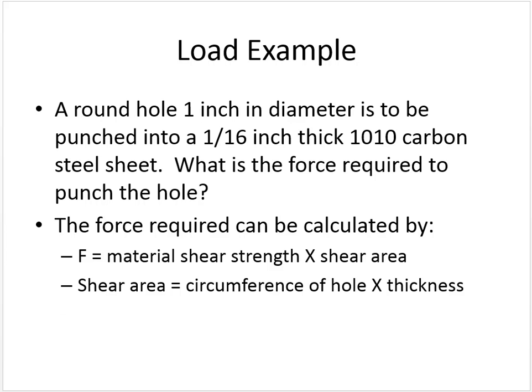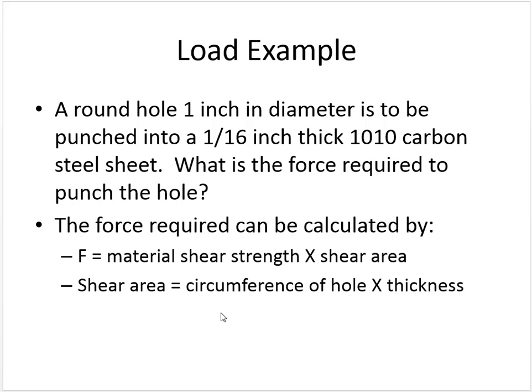So how much force does it take to stamp out a part? Typically, say a round hole 1 inch in diameter is punched into a 1/16 inch sheet of 1010 carbon steel. How would you calculate the force required? What we need to do is look at the shear area. When I'm talking about shear area, I'm talking about the surface around the inside of the hole, or the surface around the outside of the slug, which is essentially the circumference of the hole.